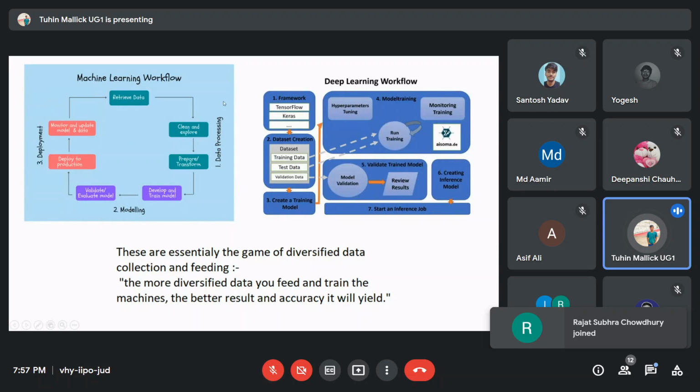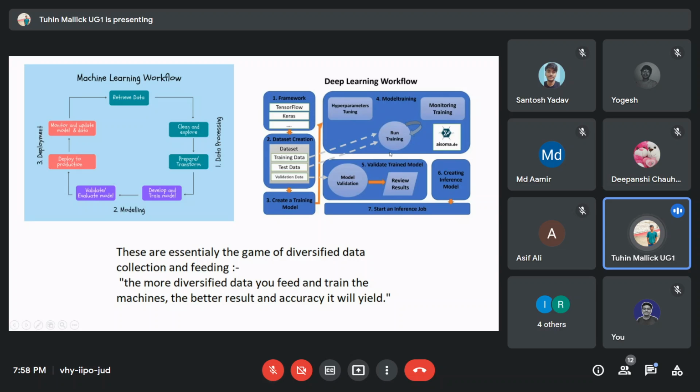The machine learning workflow mainly works on these three pillars, whereas the deep learning workflow is much more complicated, where you have to use frameworks, yes, libraries that I will come to later with time. Dataset creation, yes, we have to feed the data, create a training model, run the training model. Model training is altogether a separate subpart of the deep learning workflow, where a lot of programming language concepts are required, obviously.